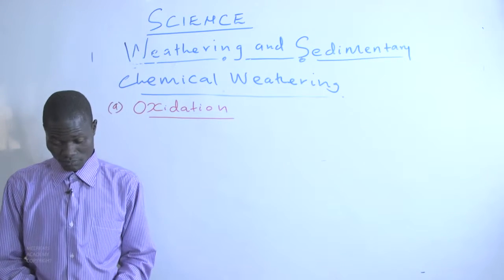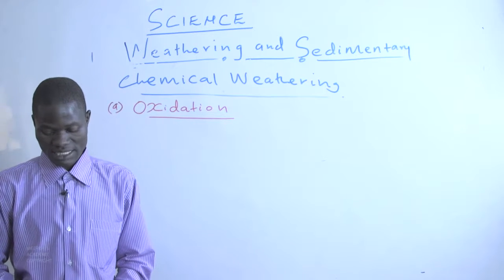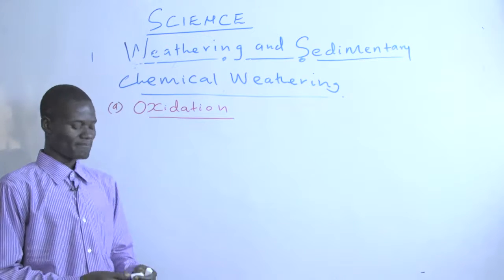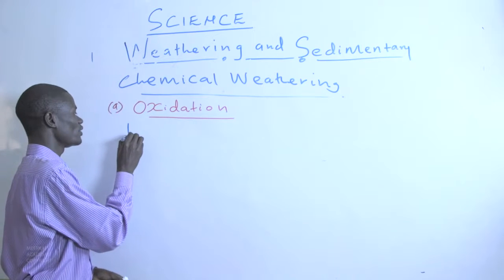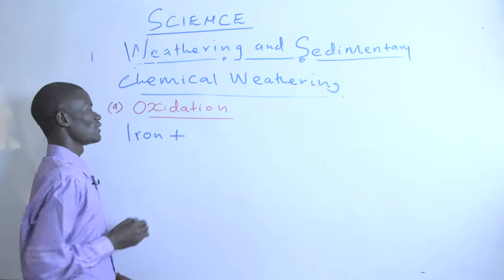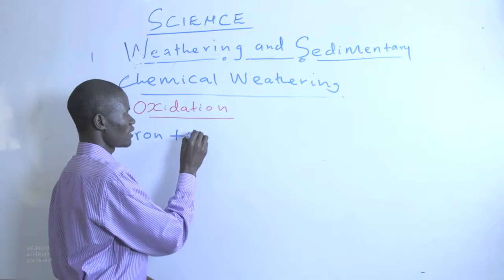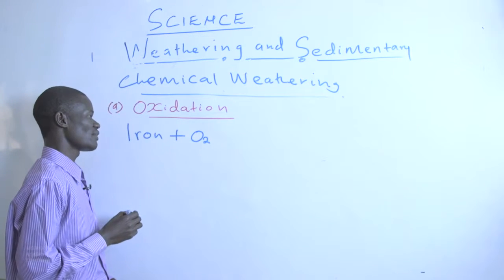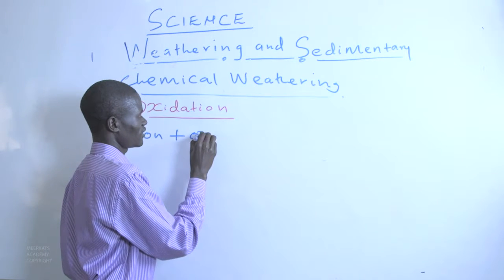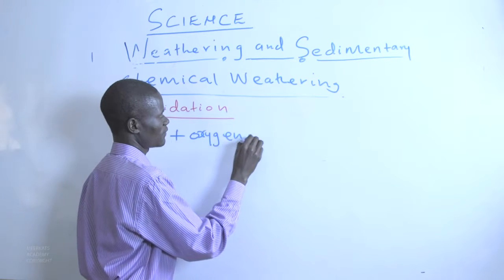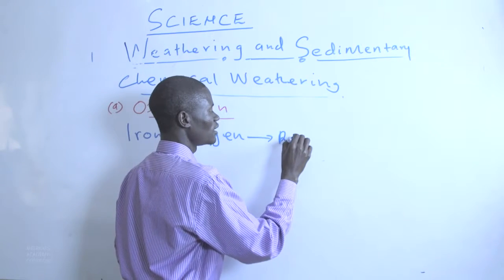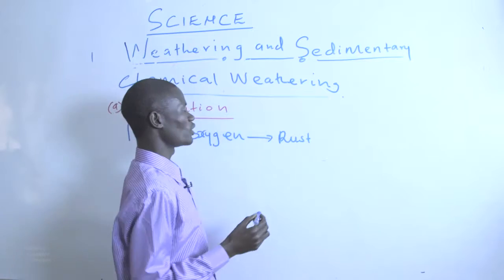For example, when iron as an element of rock is converted in the process of oxidation with oxygen, it may lead to the formation of a brown substance that we call rust.